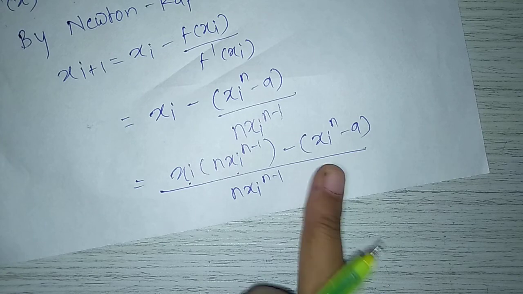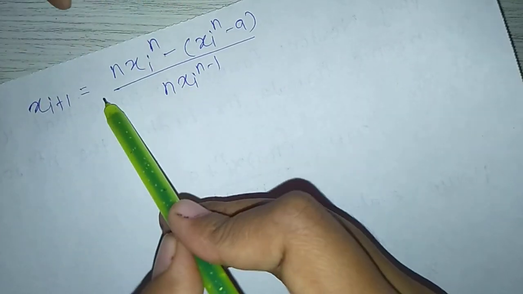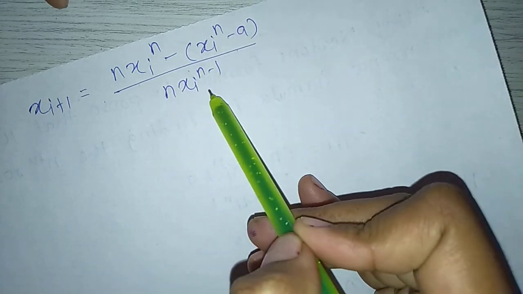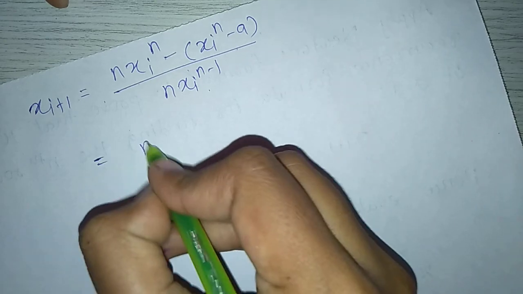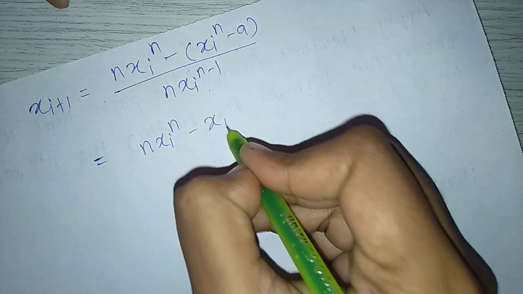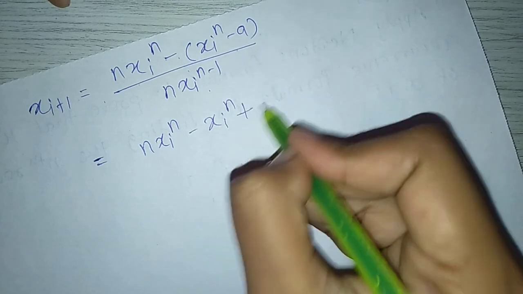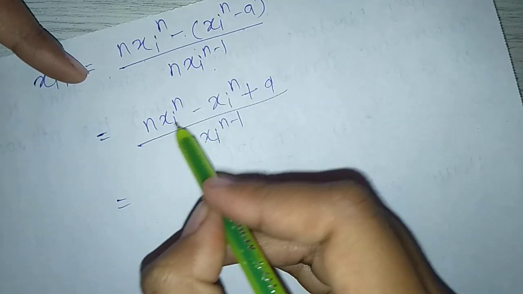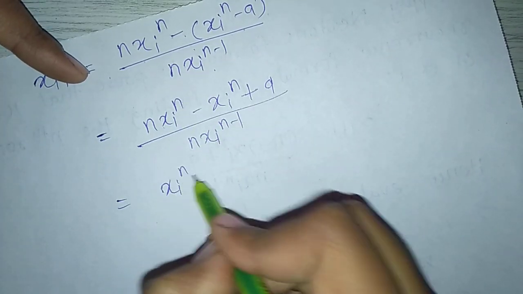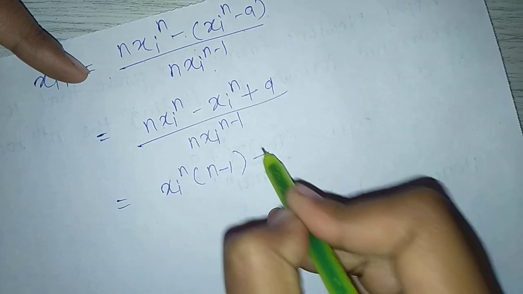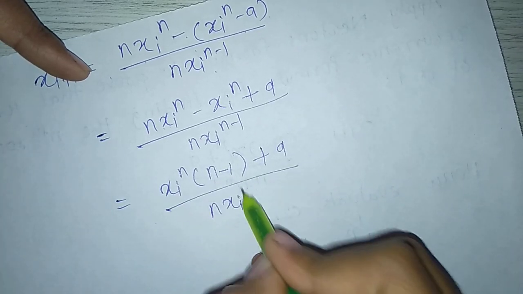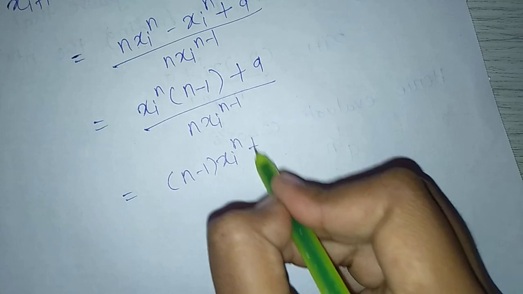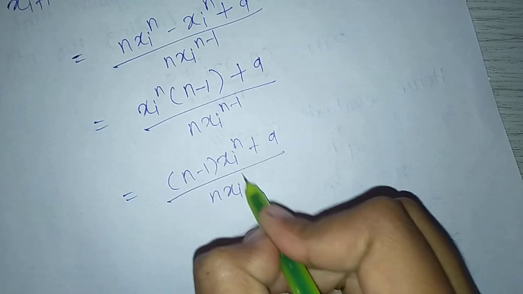By solving this, we get n x_i^n - x_i^n + a, upon n x_i^(n-1). Take x_i^n common, and the remaining terms are (n-1), plus a upon n x_i^(n-1), which is equal to ((n-1) x_i^n + a) / (n x_i^(n-1)).